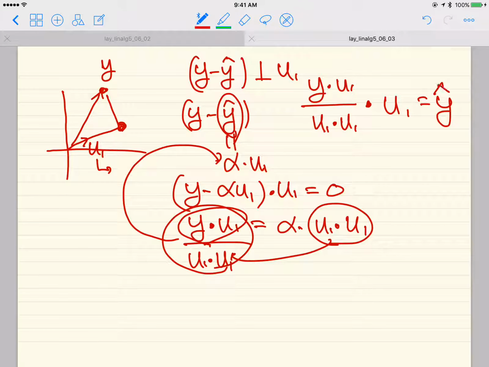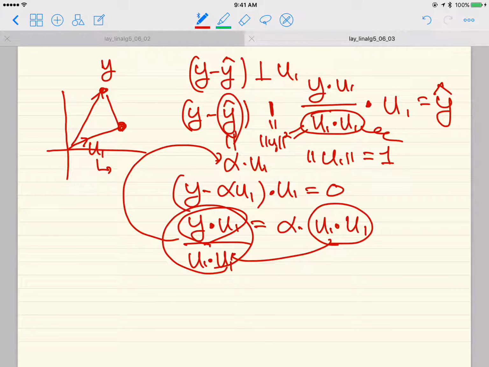So this one will become your orthogonal projection. And now the length of u1 is 1 because we assume an orthonormal vector, so we can safely remove this denominator because it is the same as the squared norm of u1, which is 1.